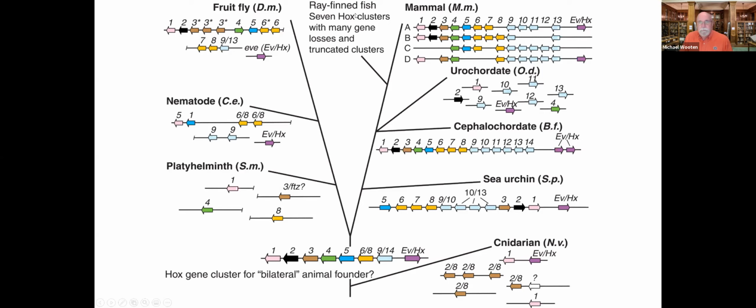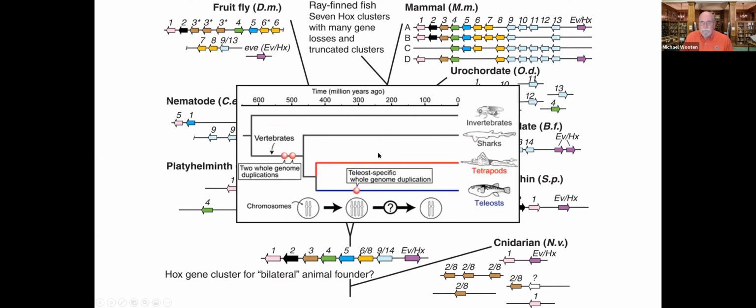Now, once we get up here, you see this says ray fin fishes, 7 clusters, and there were losses. Well, what happened when you get to the ray fin fishes? So it gets to the teleost. There were these duplication events, so there were whole genome duplications. And once you get into the teleost, there were more duplications. So you basically had X number of chromosomes, and then you duplicated the whole number, and you duplicated the whole number again.